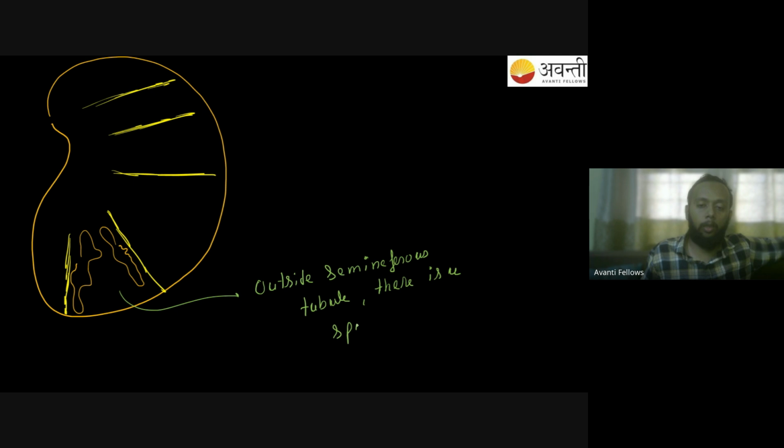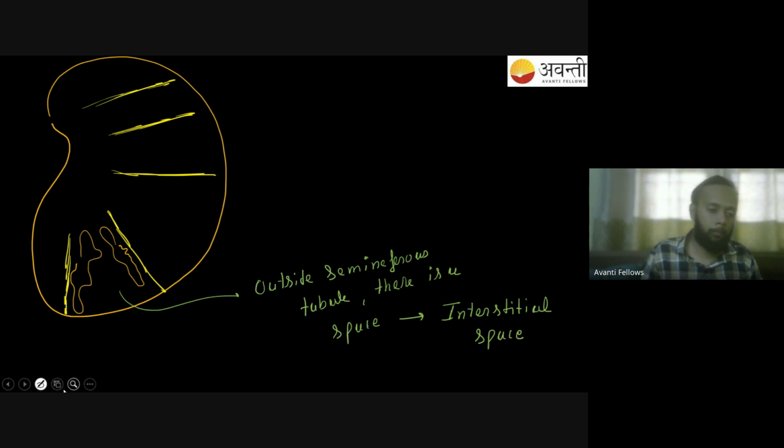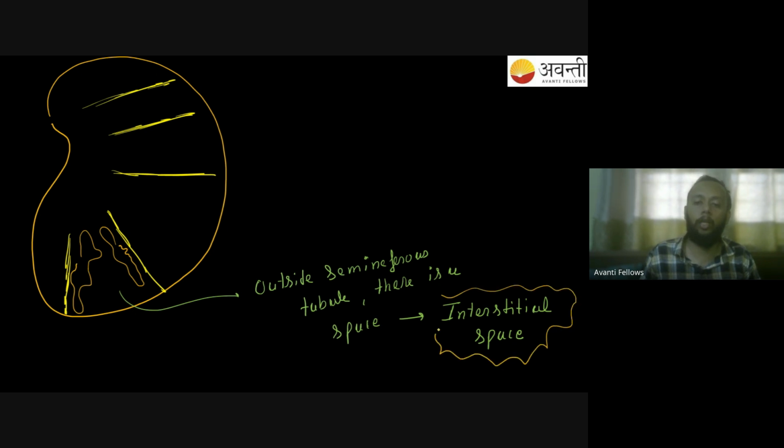And that space is called my interstitial space. So that should be clear to all of you that outside the seminiferous tubule there is a small space over there and that space is called my interstitial space.